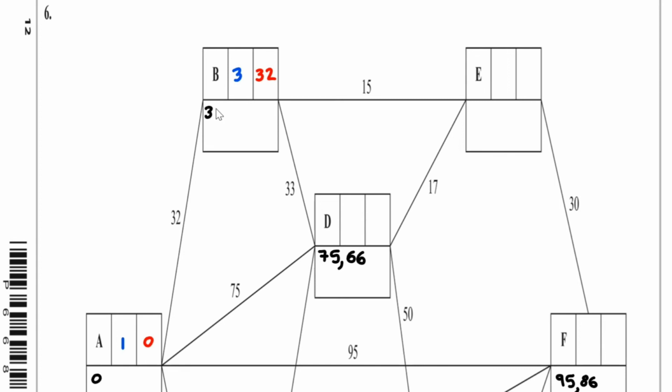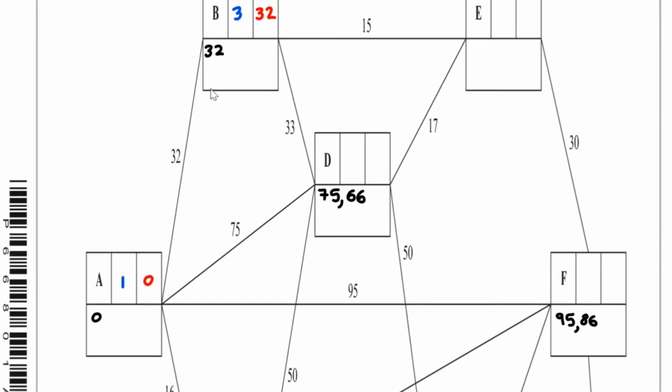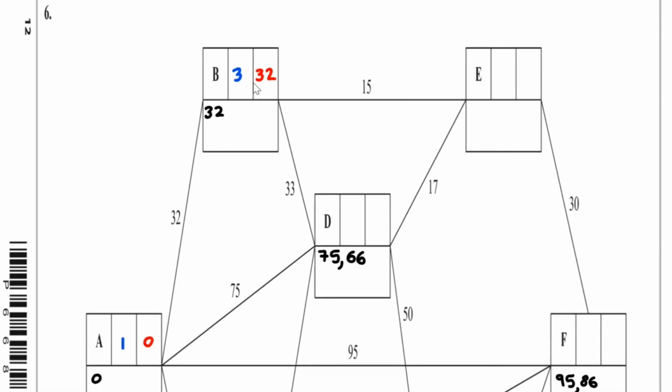Now, taking a look at what comes off B, 32 plus 33 is 65. 32 plus 15 is 47.